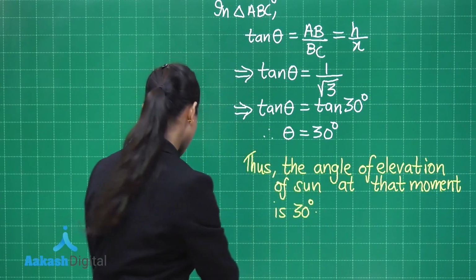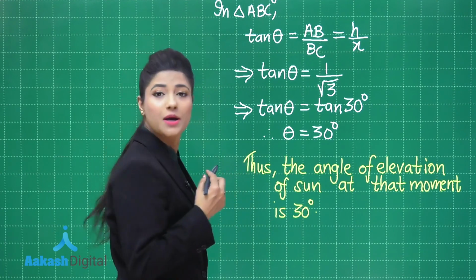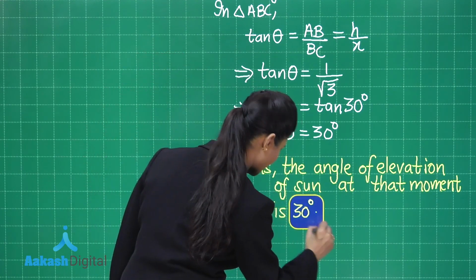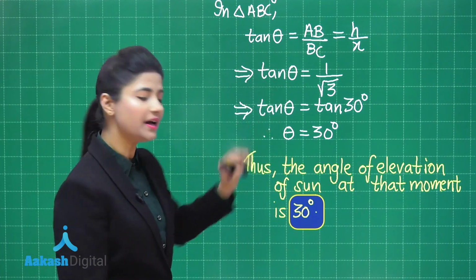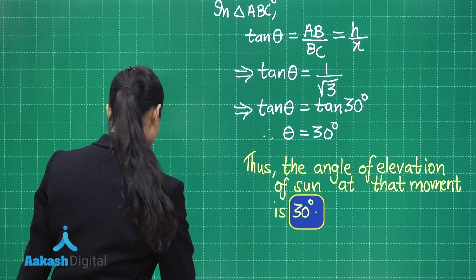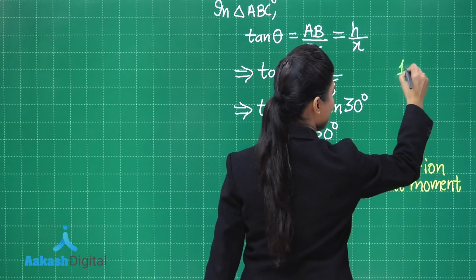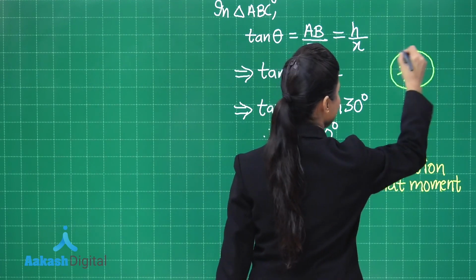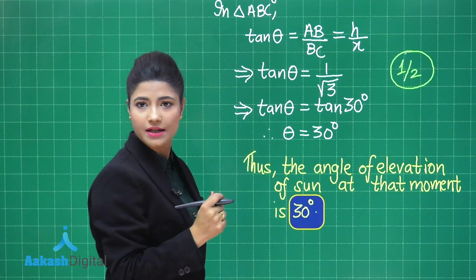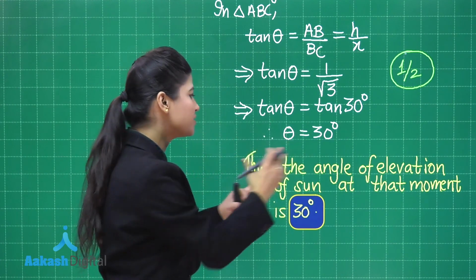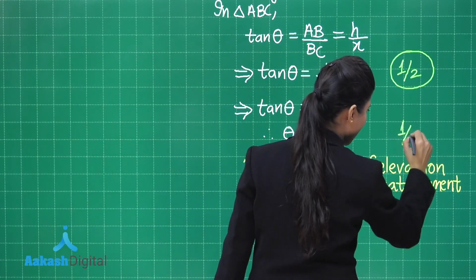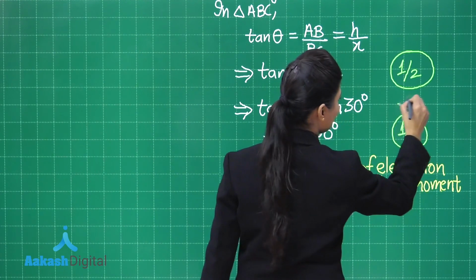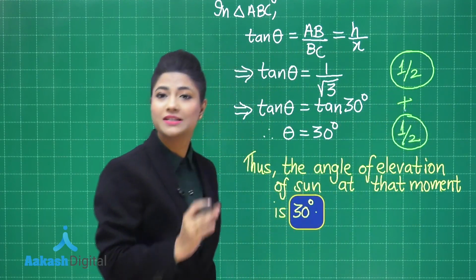So this is the required answer for this question. So this is a 1 marker question. Well, you will find on generating this equation tan theta equal to 1/√3, till this step you will get half marks, and when you will finally obtain that theta is equal to 30 degrees, that is the angle of elevation of sun at that moment is 30 degrees, you will obtain rest half marks, which makes total 1 mark for this question.